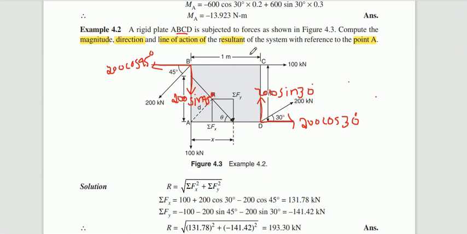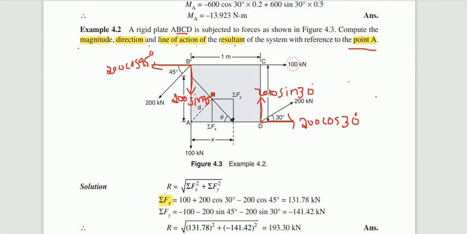Now what you have to do? Magnitude, direction, line of action, resultant you have to find out, with respect to point A. So now you have to find the summation of Fx and summation of Fy. Summation of Fx means horizontal forces. How many horizontal forces are there?